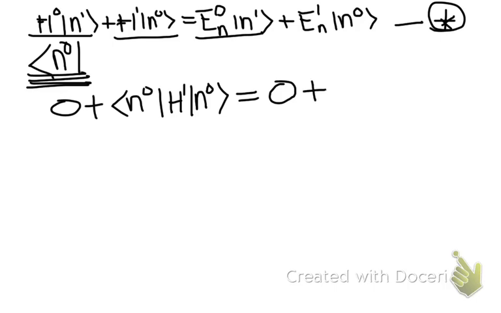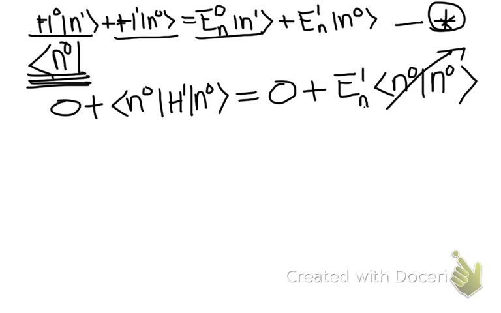On my right hand side, En1 is constant, so I can take that outside, and then take the inner product of n0 and n0. But remember that my states are normalized, so this inner product goes to 1.